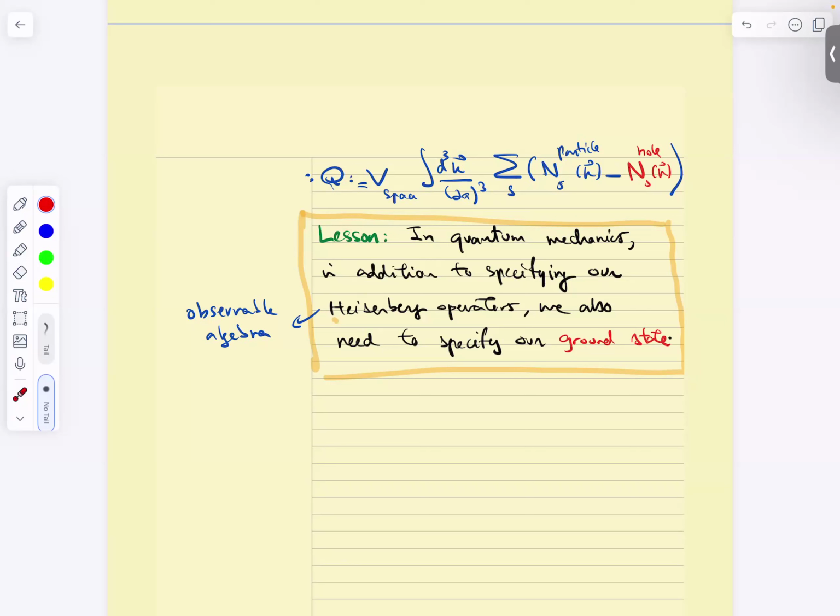By making a different choice of vacuum, I could change what I call creation and annihilation operators. I could absorb the change of what creation and annihilation were into a choice of my vacuum. Always, always, always in quantum mechanics, there is the observable algebra or the field algebra, and on top of it, there's a choice of state.